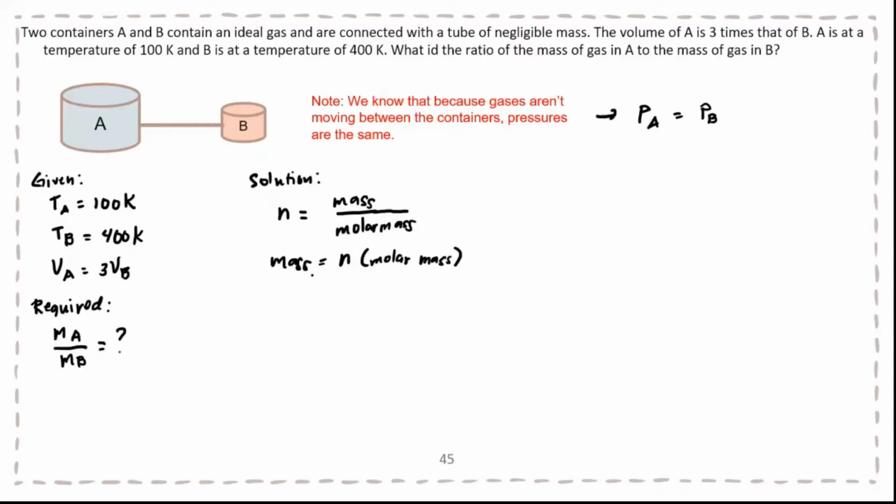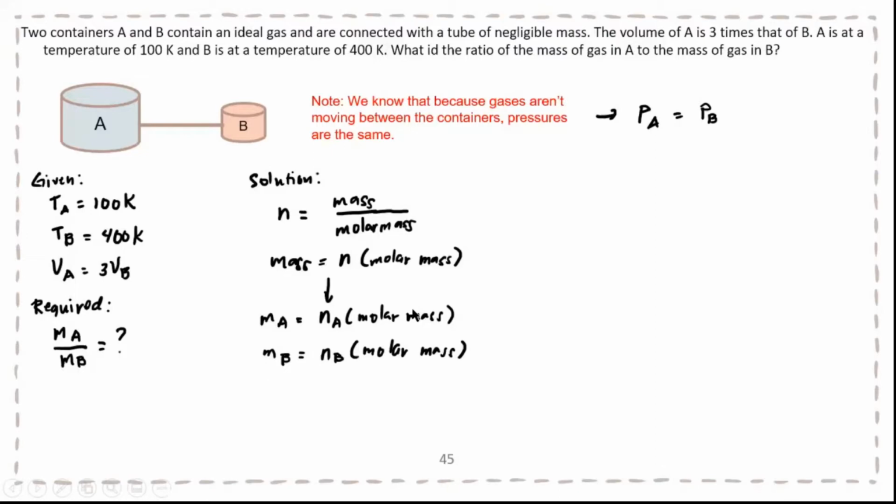With this, to calculate mass A, we need nA times molar mass. The same is true for mass of B, the moles of B times molar mass.